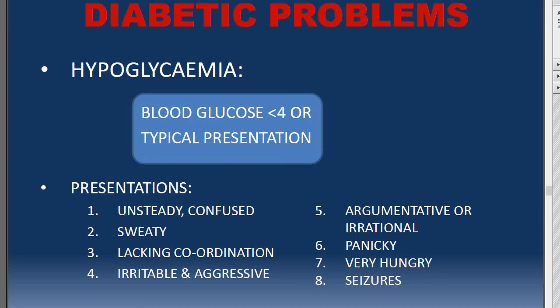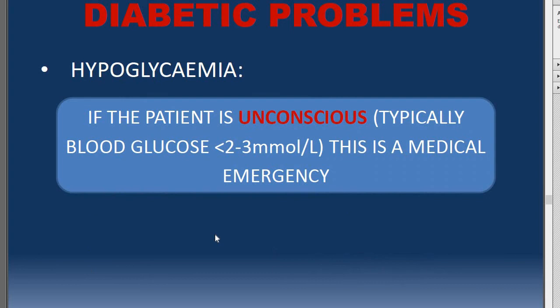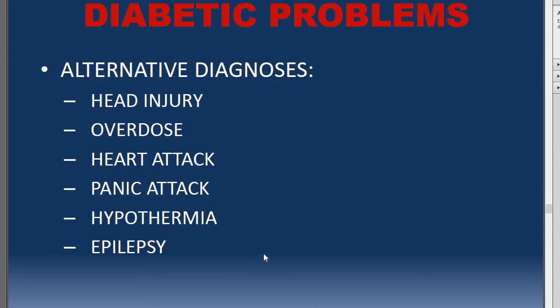So they might be unsteady, they might be confused, they might be sweaty, they may just be not quite right, their personality might have changed, they may be very, very hungry, and they may begin to seize. If the patient's unconscious, then you're usually looking at a blood sugar level that's quite low, so 1, 2, 3.2. I would not expect that to make you unconscious, but certainly between 1 and 2 is likely to affect their conscious level significantly.